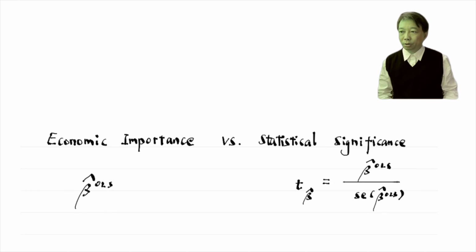The reverse situation is also true. If the OLS estimate is tiny, then the economic effect may be negligible, no matter how large the t-statistic is.